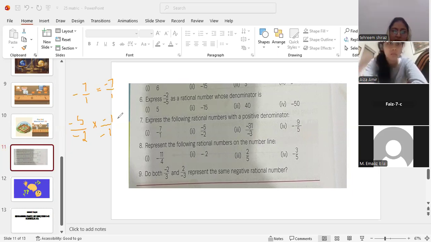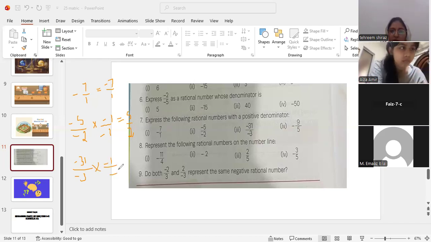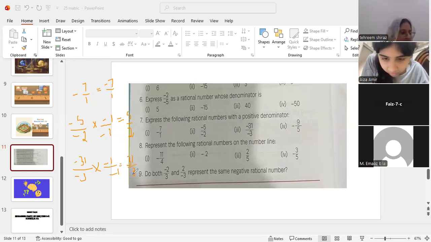So multiplying by -1, the answer will be 5 by 2. Now the next part, -31 over -3, multiply it with -1 over -1, the answer will be 31 by 3. Is this clear?